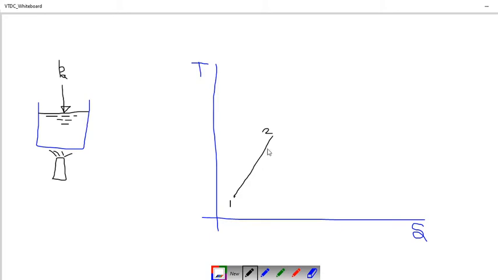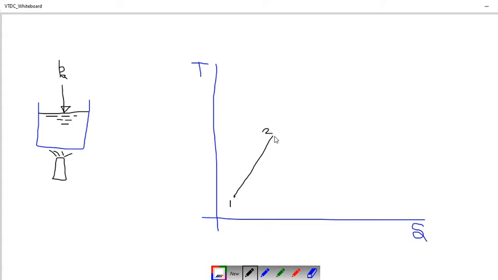During sensible heating of the water, there is only a rise in temperature; its phase does not change. Consider point number 2 is the maximum temperature that can be attained by this water at that particular constant pressure. So 1 to 2 is a constant pressure heating process.